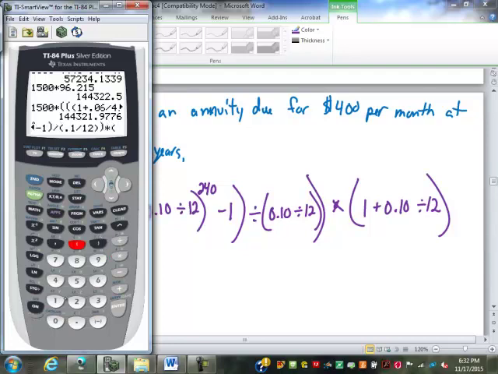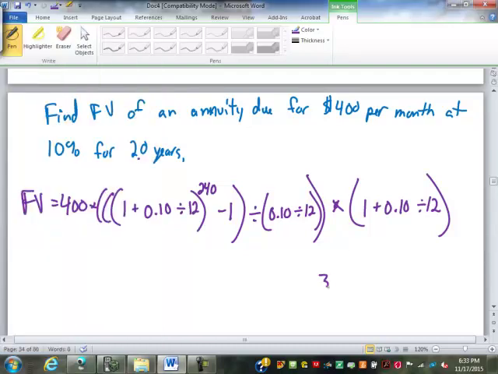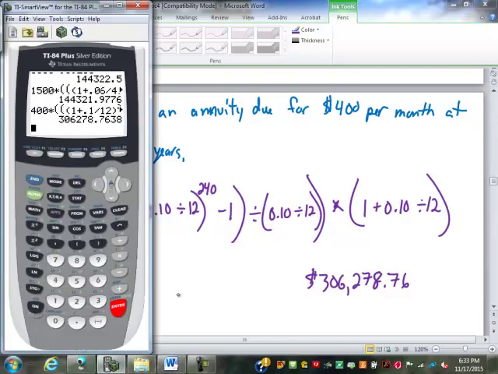Times open, 1 plus 0.1 divided by 12, close. So that's $306,287.76. Is it 278? $306,278.76. Thank you.